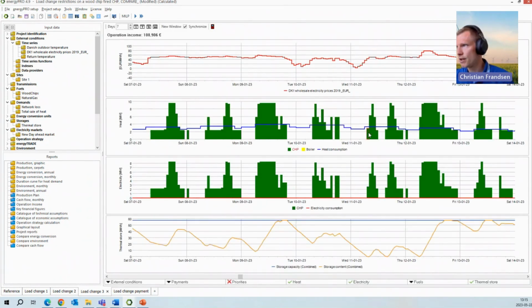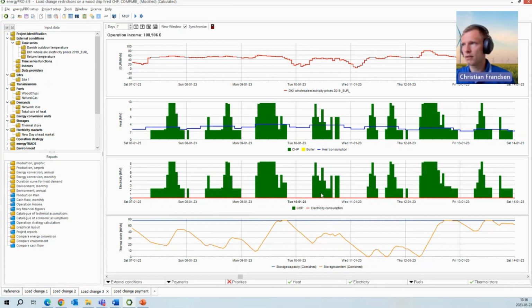Let's look at how that looks like. We can see here, remember that it was on the electricity that we put a maximum ramp up of 3 megawatt. So in all of these peaks here, we can see going from 2.2 to 5.2, it's always 3 or less megawatt that is the ramp up.